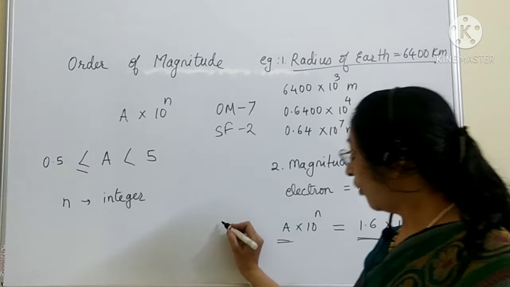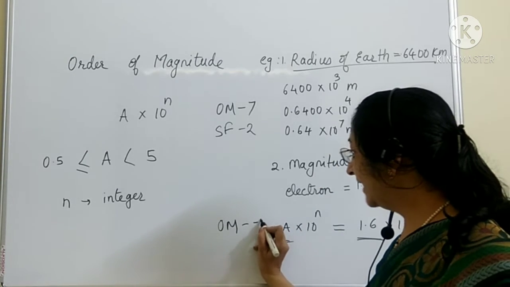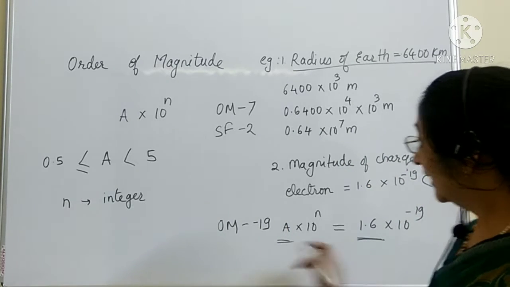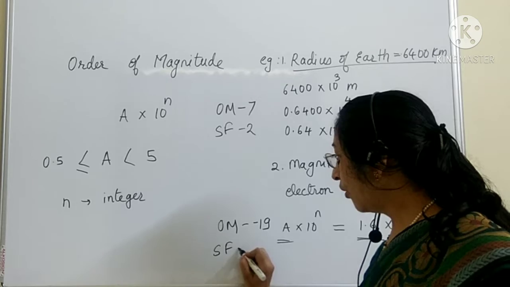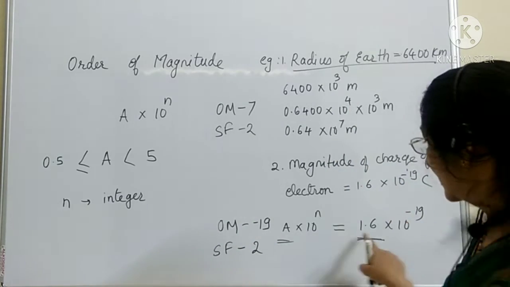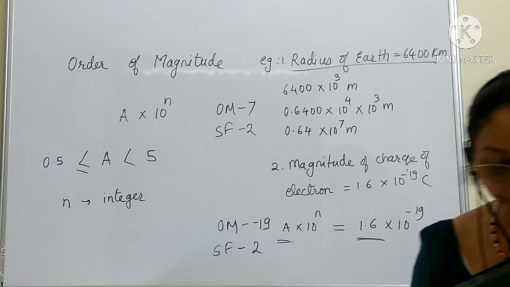So the order of magnitude of the charge of electron is minus 19 and the significant figures of the charge of electron is two significant figures, that is this is 1.6, so two significant figures are there.